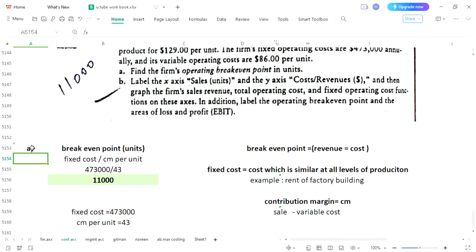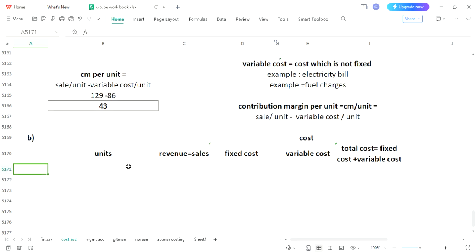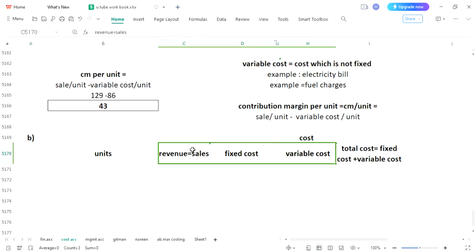Let's go back to the question. Look here: label the x-axis for sales and the y-axis for cost and revenue. So it means every element which we have discussed or calculated over here would contribute to the inputs for the graph.